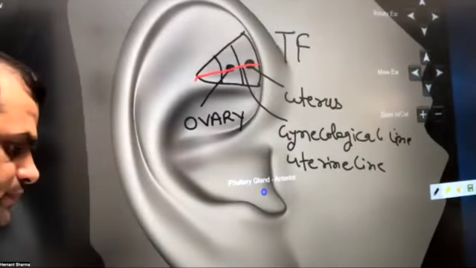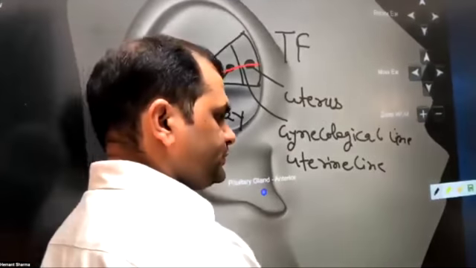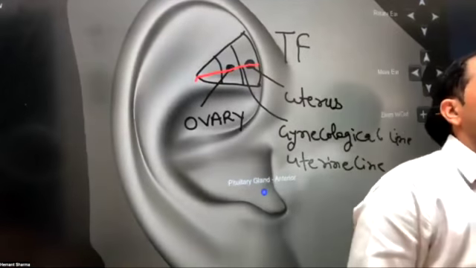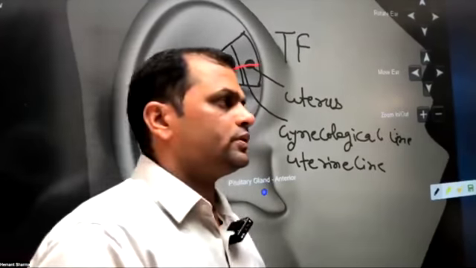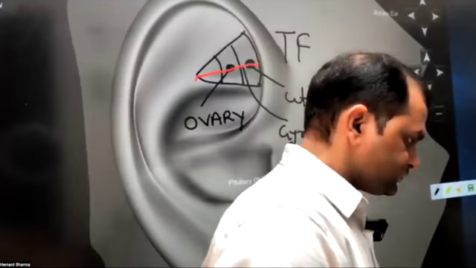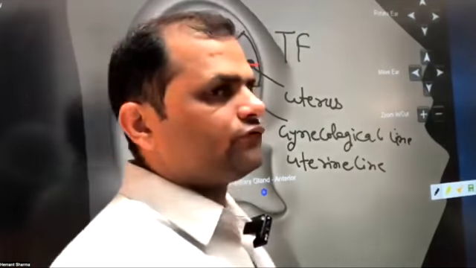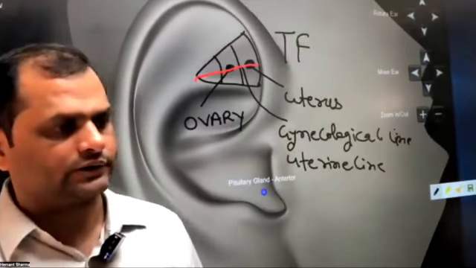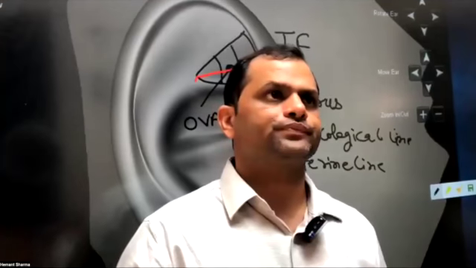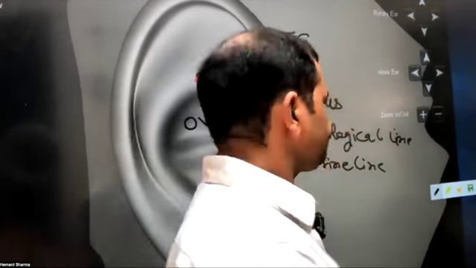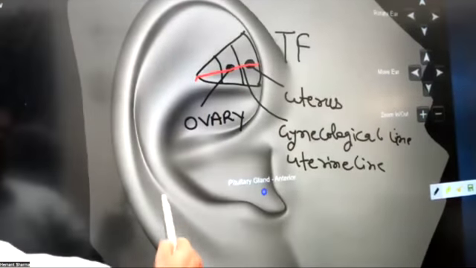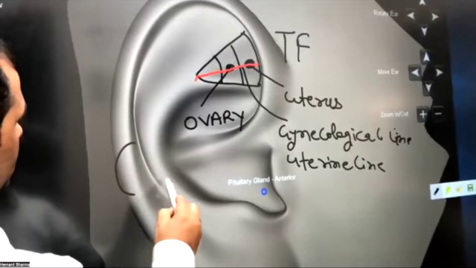We know, you must be aware of the external genital part of the female. अगर हम फीमेल के external genital part की बात करें, so we know this is the uterus.